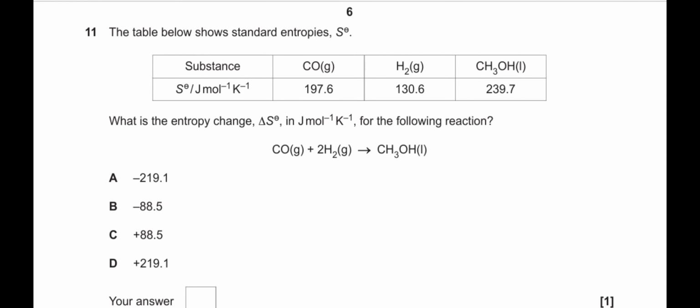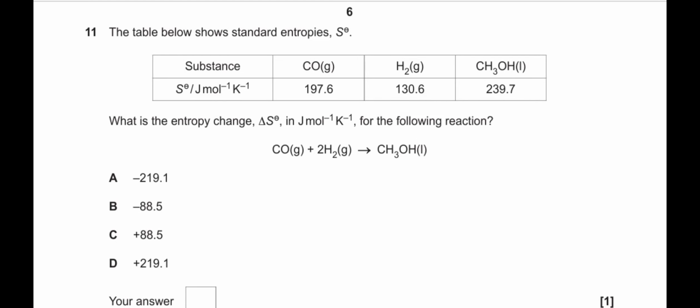Question 11. The table below shows standard entropies. So substances CO gaseous, hydrogen gaseous, methanol liquid are given. What is the entropy change delta S in joules per mole per Kelvin for the following reaction: CO gaseous plus 2H2 gaseous giving CH3OH liquid?